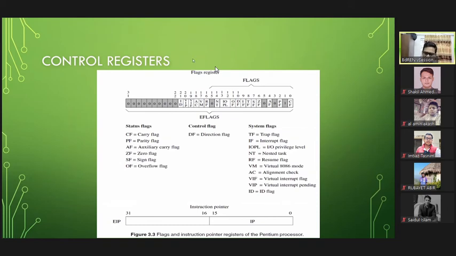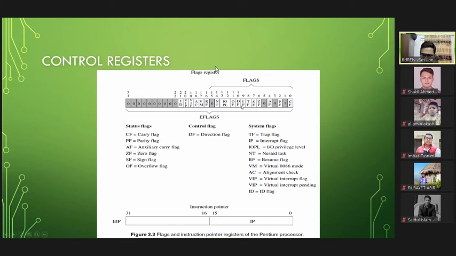One is the flag register, 32-bit. Another one is the instruction pointer register, which is also 32-bit long. So the control register has two parts. One is the flag register. If you are using the first 16-bit, that is called flags. If you are using the full 32-bit, it's called EFLAGS, extended flags. Same as the previous one.